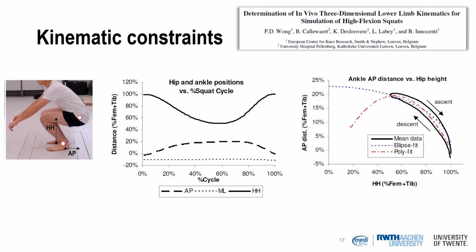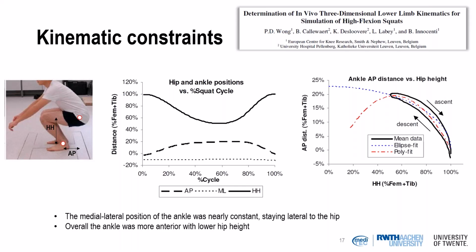So they also reported what you can see here in the right figure, how the hip center and ankle center move relative to each other in AP direction, and also applied a polynomial fit and an ellipse fit to describe this relative movement, and also presented a formula for how this can be estimated.